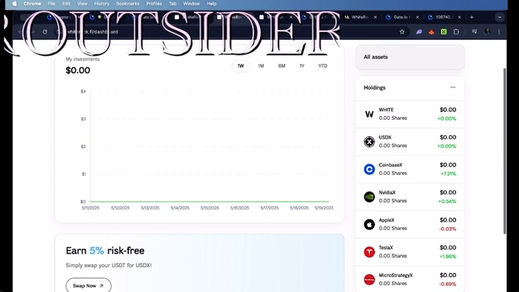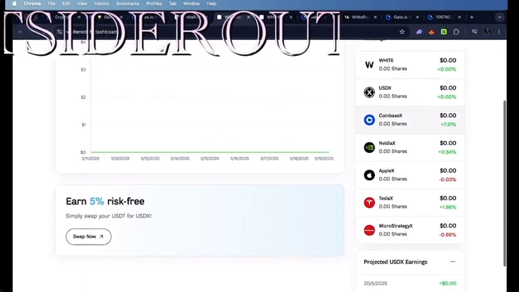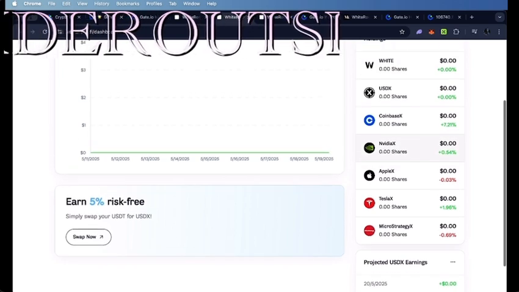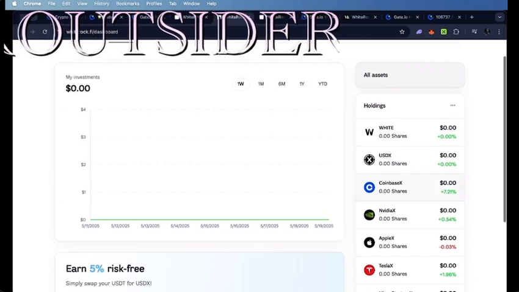Okay, I don't have investment obviously, but this is actually really amazing. Apple, Nvidia, Tesla, MicroStrategy.